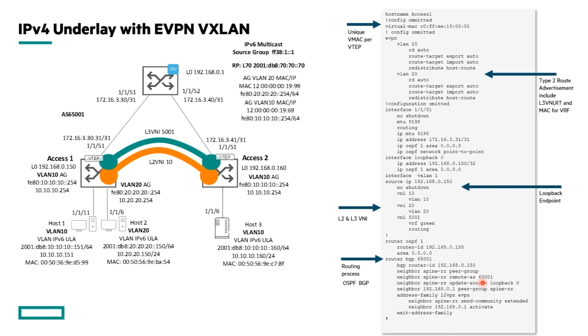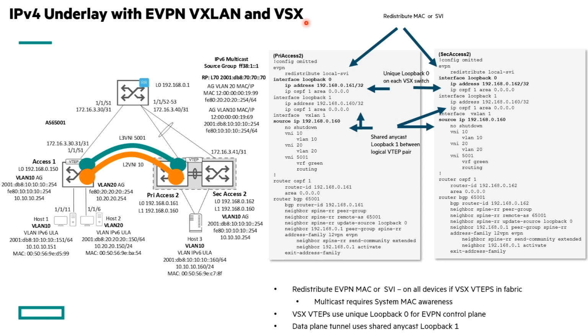Next in the IPv4 underlay, we're going to be introducing VSX, which is shown on this node on the right. There are some very subtle differences. The first thing I'd like to point out is that when we're using VSX in a multicast scenario, we must use the redistribute local SVI, or we can do the redistribute local MAC.